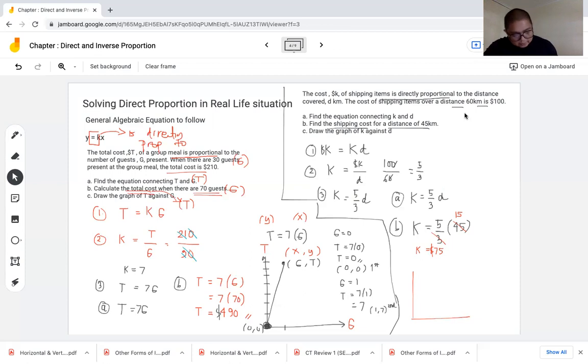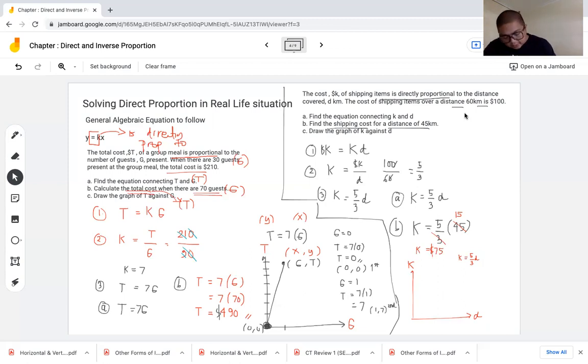And again, if we would like to graph this one, we are going to use the equation. The equation is K is equivalent to 5 over 3D. Okay. So this one represents the X, which is the D, and this one represents the Y, which is the K. All right, some of you might get confused if it's a fraction, what should we do so that we could get a particular value that is exact?